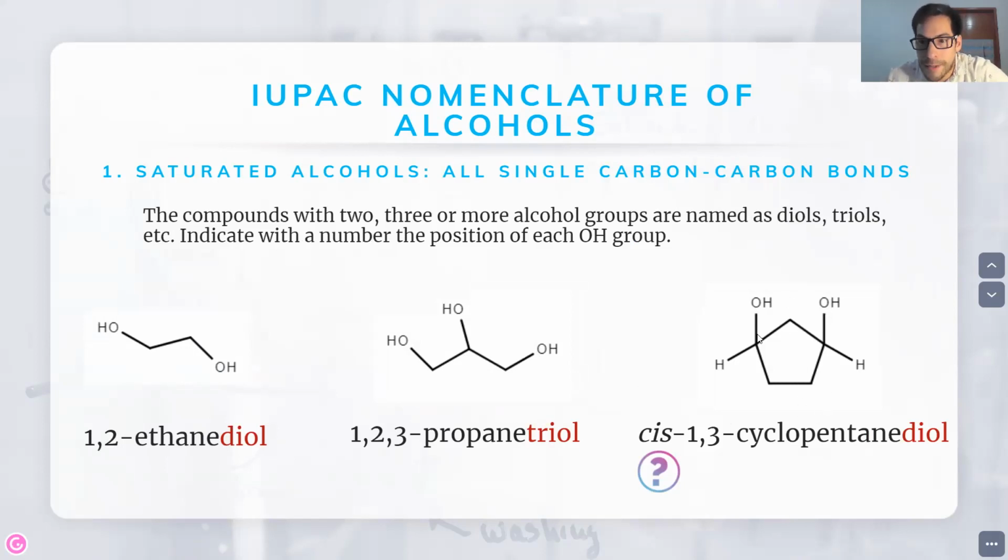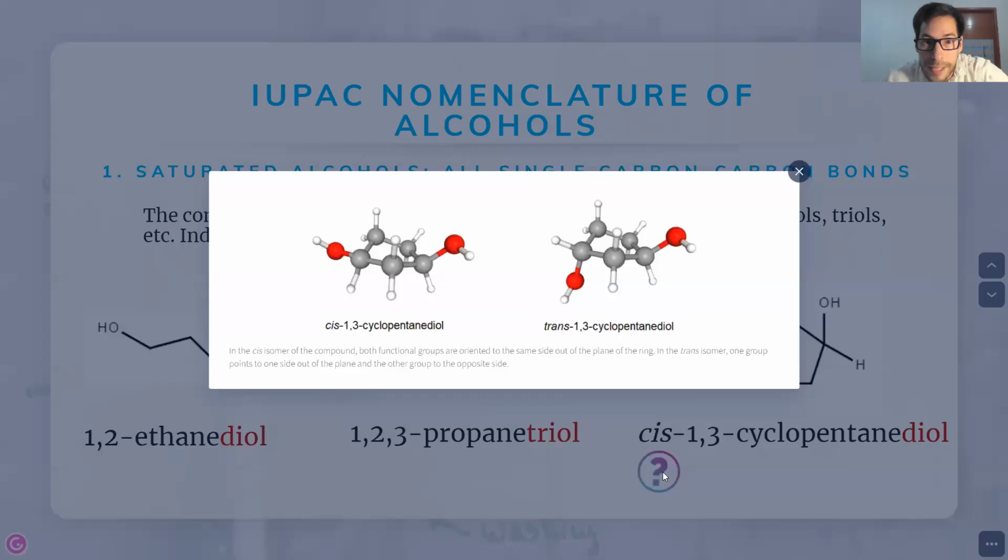And here we have a cycle, for example, cyclopentane, but with a diol. This cis part is something that we haven't seen, but let me explain it very quickly. It is also related to isomerism, but the cis compound means that both functional groups, in this case, the red ones, the OH, are pointing up, let's say, or down, but both groups are pointing outside the plane in the same direction.